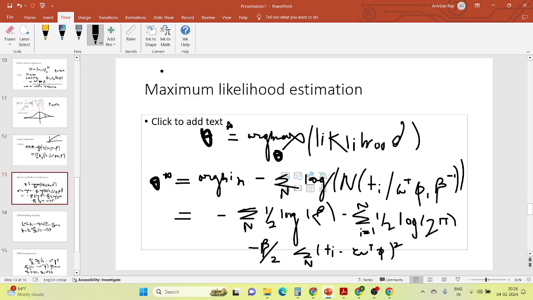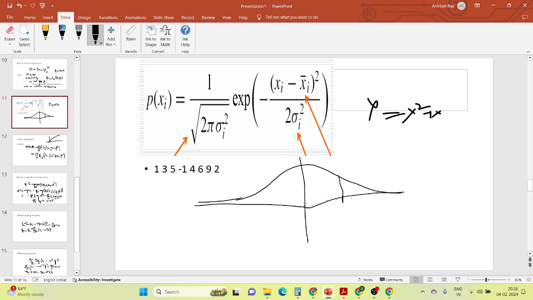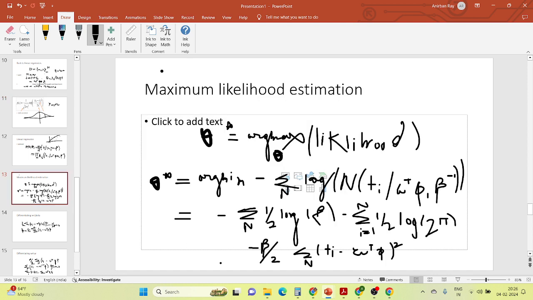This is the normal distribution expression. Sigma i square will be like beta i by 2 pi under root. Let's do away with the negative.